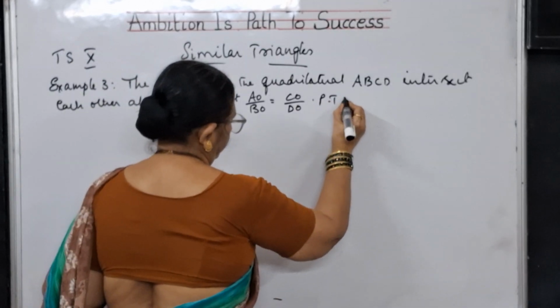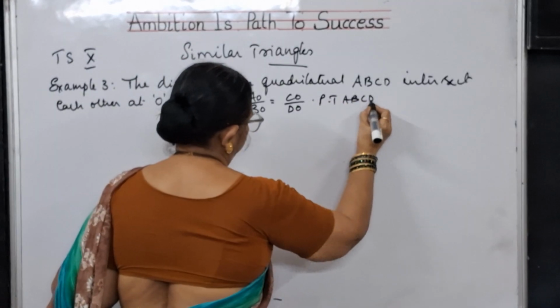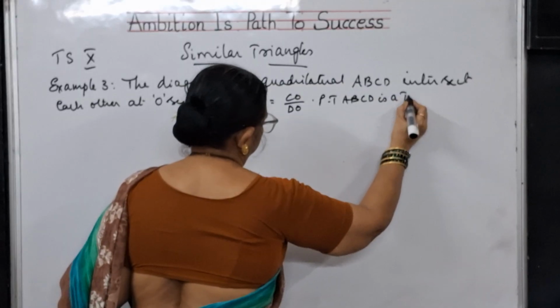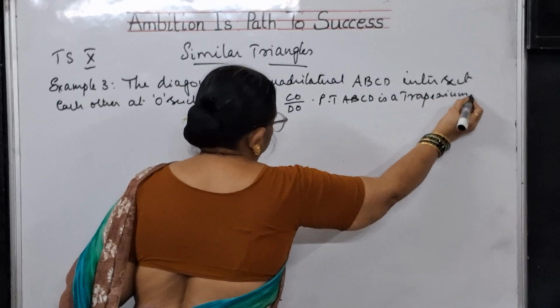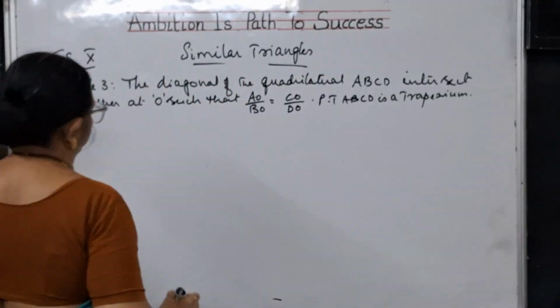Prove that ABCD is a trapezium. This you need to prove.